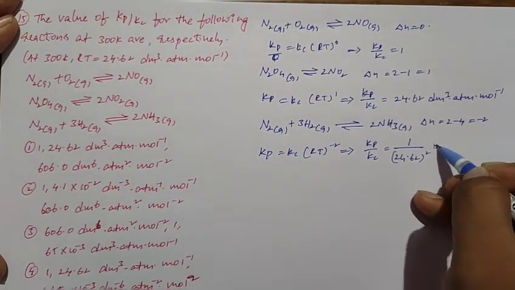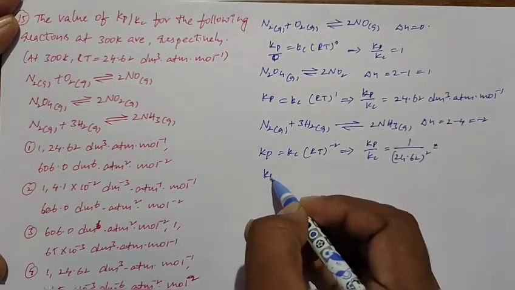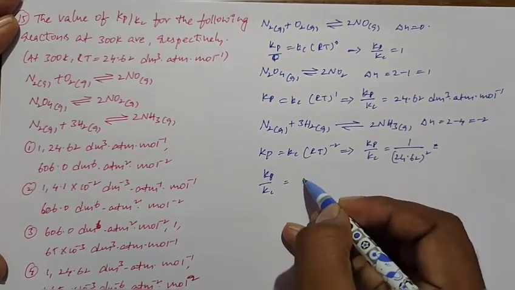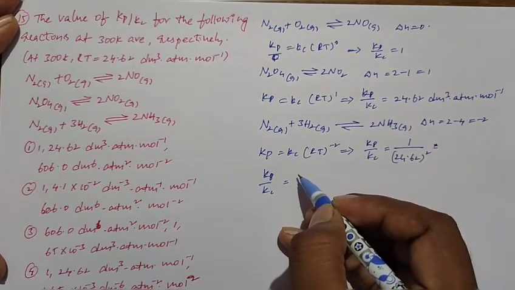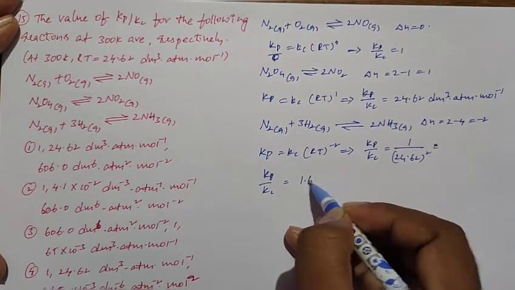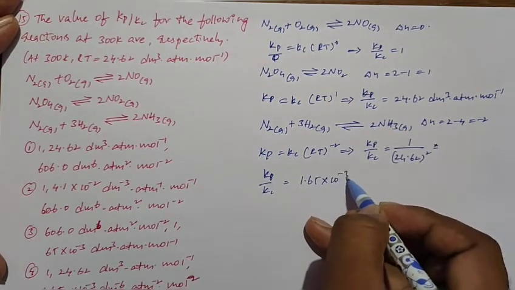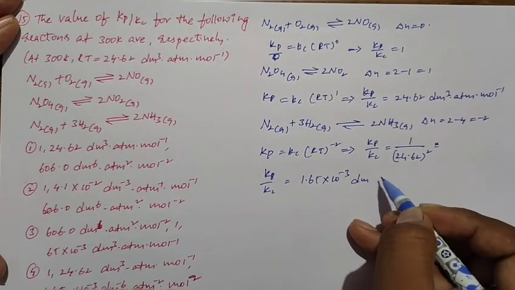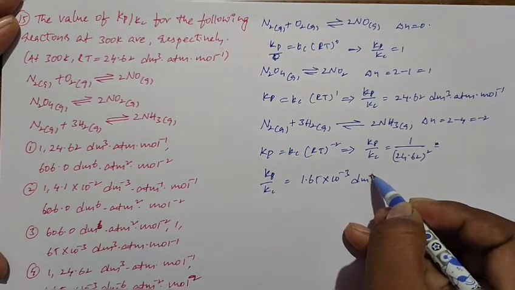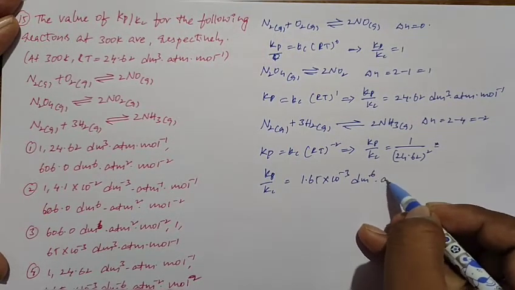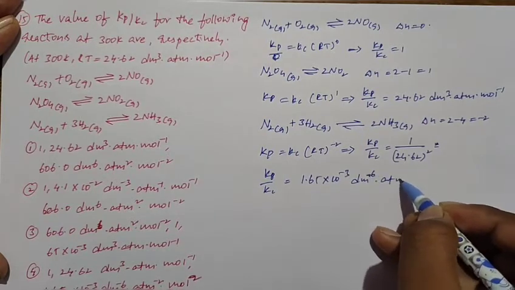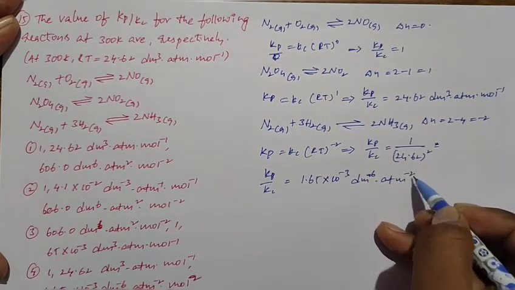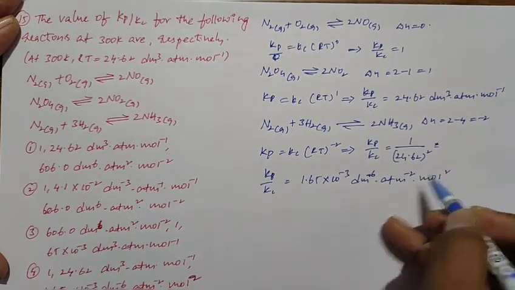After simplification, we get Kp by Kc is equal to 1.65 into 10 power minus 3 decimeter power 6 atmosphere power minus 2 mole square.